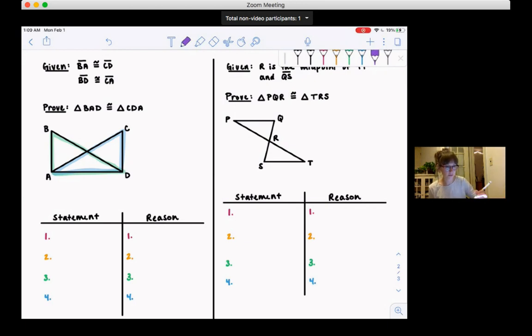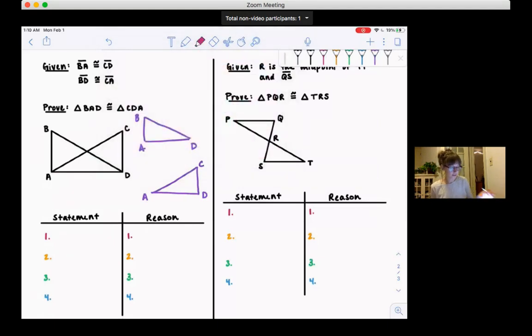So I often recommend, if you're working with overlapping triangles, to draw the triangles separately off to the side to help you mark your figures. So I'm going to say this is triangle BAD. And then my other triangle is facing the other way. So let's say this is triangle CDA. So that might help us see what's going on when we start marking our figures.